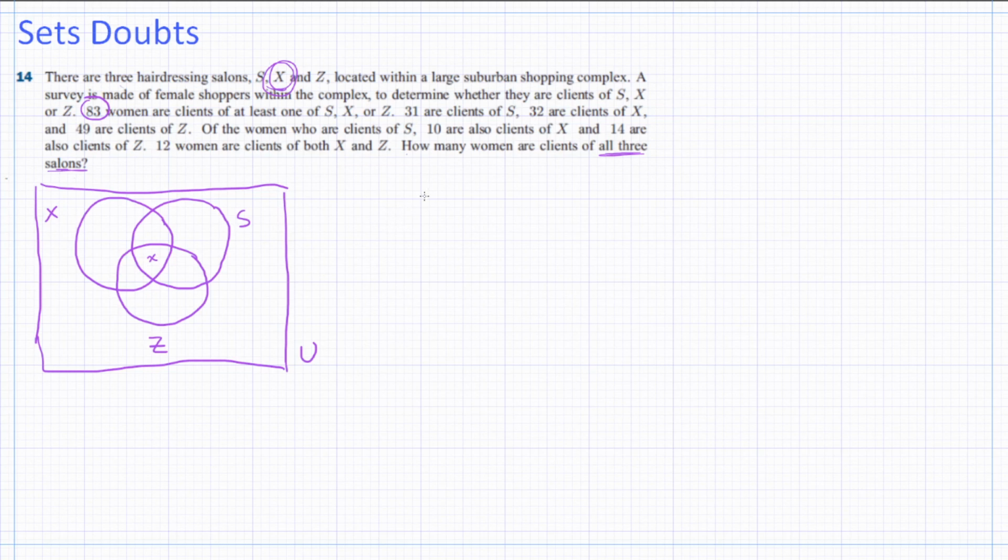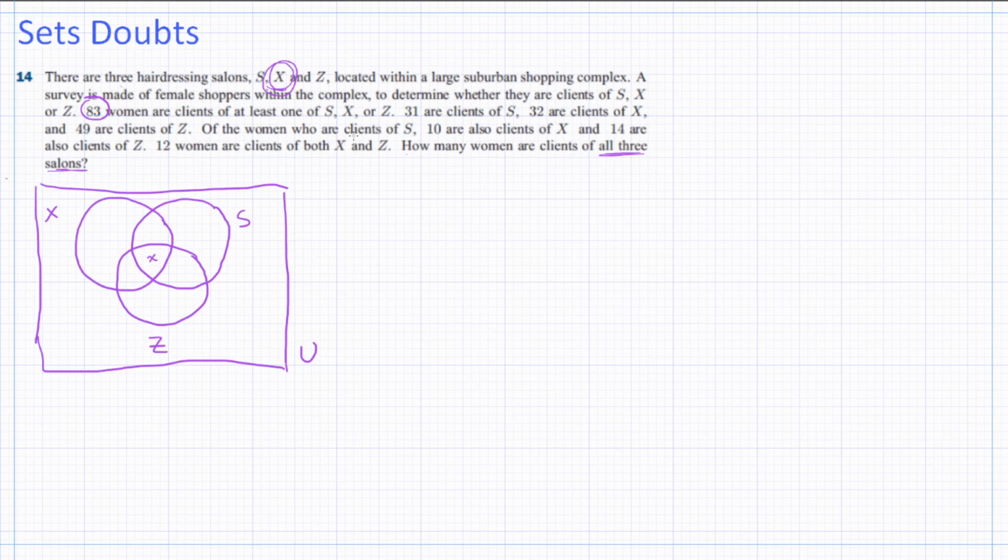So what we have to do is follow each of those pieces of information and try to get from the inner part outwards. We're given some information regarding 2 sets at the same time.